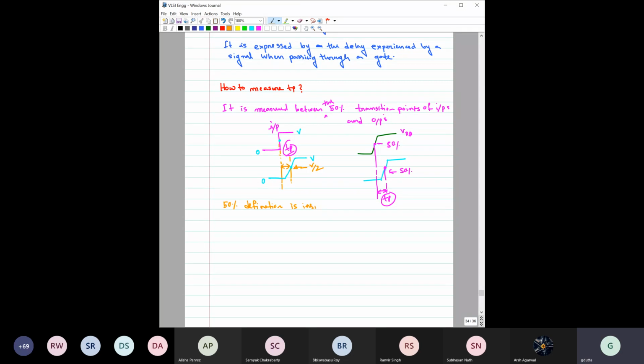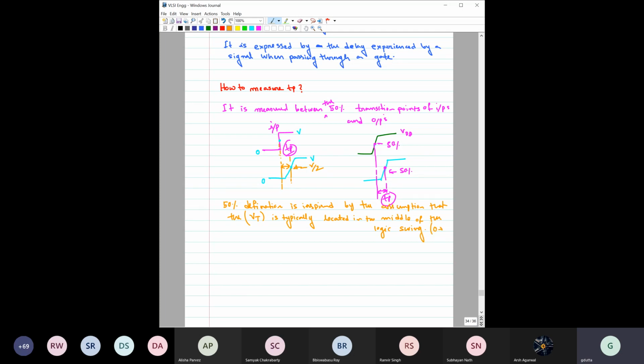Definition is inspired by the assumption that the VT, you remember VT is the switching threshold. VT is typically located in the middle of the logic swing.